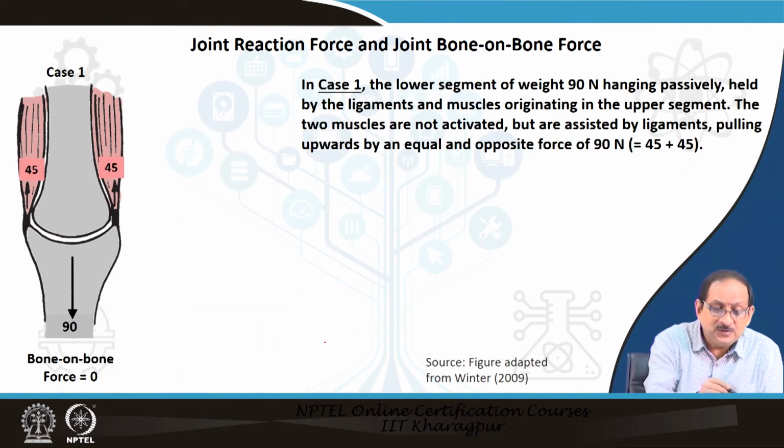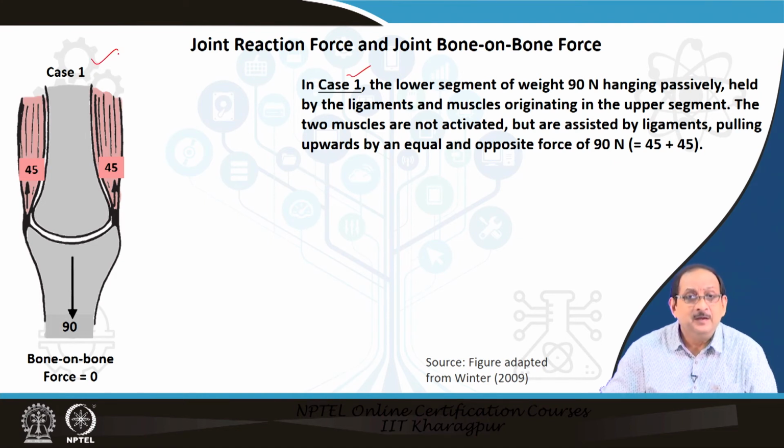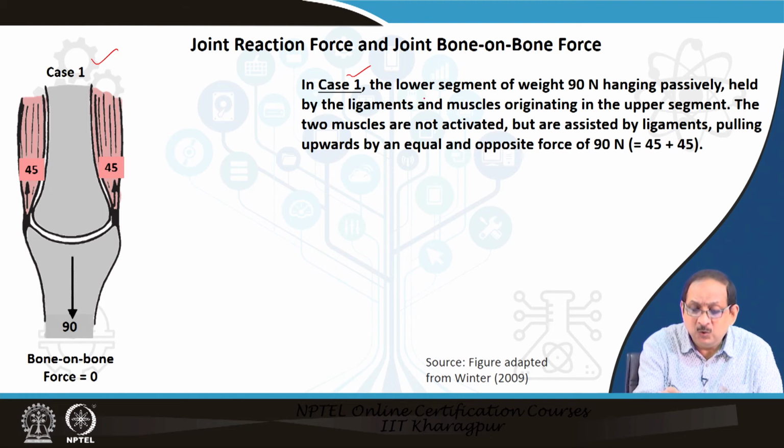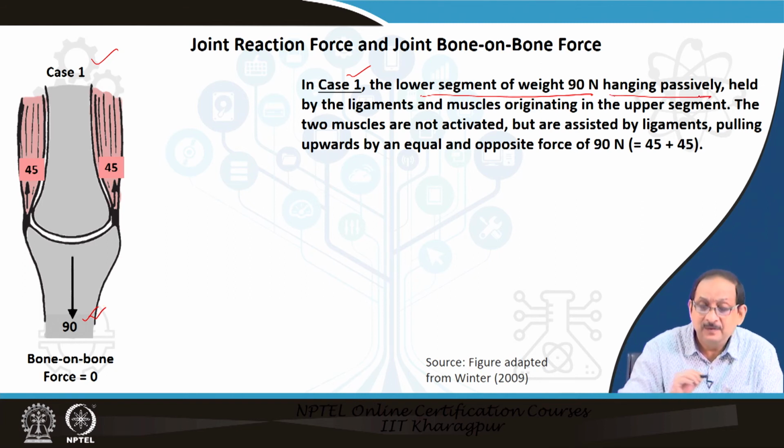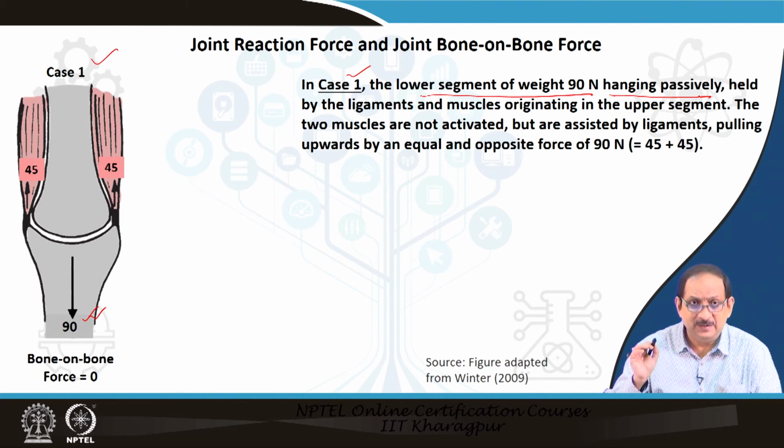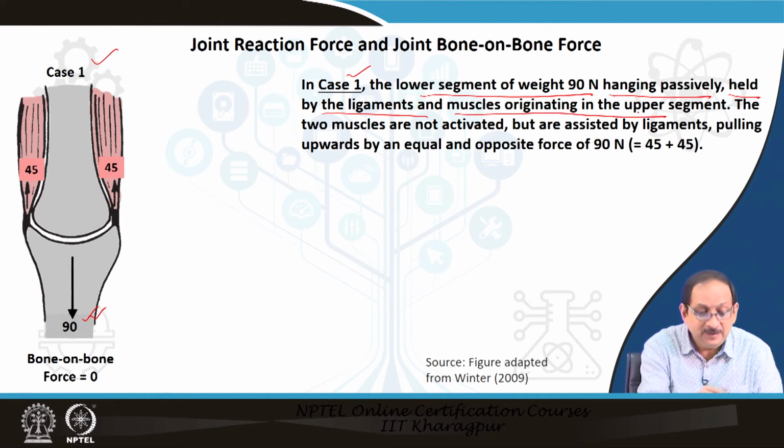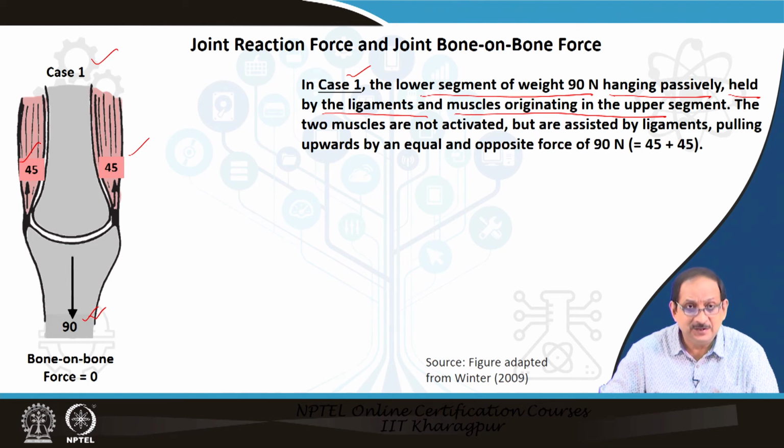Now, let us consider case 1. In this case, the lower segment weight of 90 Newton is hanging passively, just hanging passively, and it is held by the ligaments and muscles originating in the upper segment as indicated in the figure.